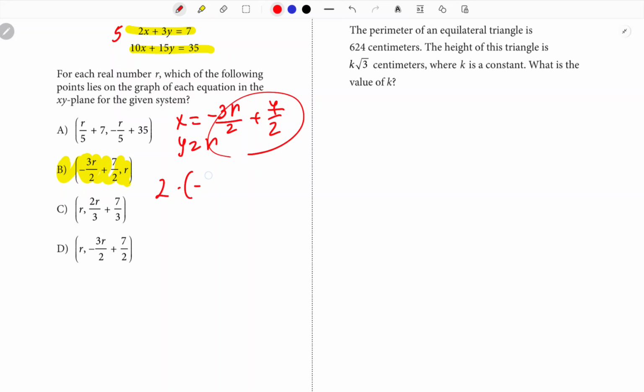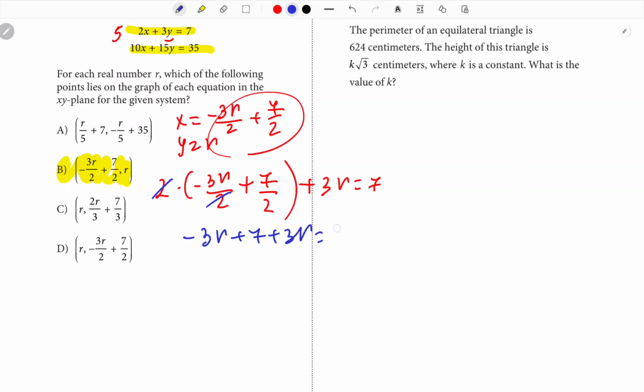So 2 times negative 3r divided by 2 plus 7 divided by 2 plus 3y, so 3r is equal to 7. And so 2 times this number to simplify, negative 3r plus 7 plus 3r is equal to 7, and 7 is equal to 7. So your answer is right.